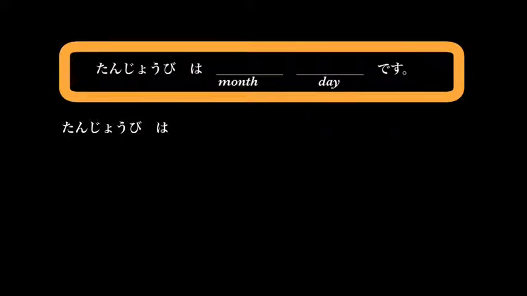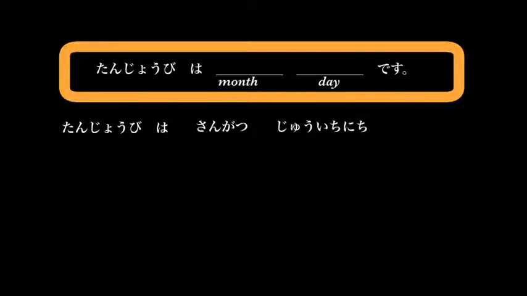If we're talking about our birthdays, we need to be able to give the date. We usually start with the month followed by the day, and we say 誕生日 meaning birthday. 誕生日は3月 would be March. 11日 would be the 11th.